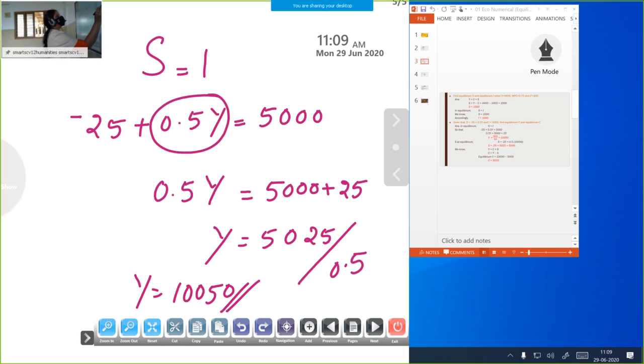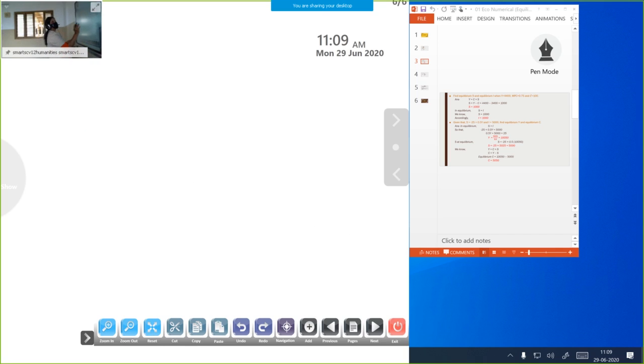Saving 5,000 we got, from there substituting. Y is equal to C plus S. From there we can find out C is equal to Y minus S. Y we got 10,050.